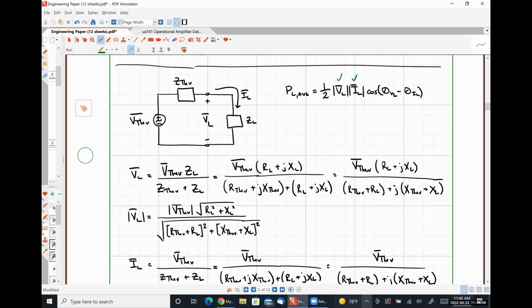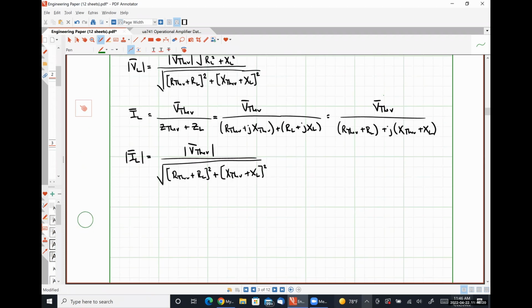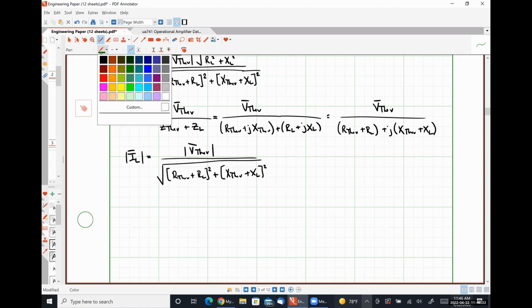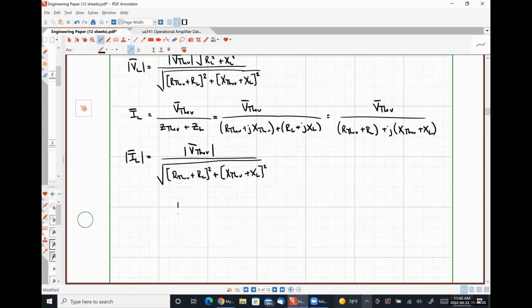How I'm going to come up with this relationship is I'm going to look at the impedance ZL on the complex plane. I have a complex plane like such, where the positive x-axis is used for real numbers and the positive y-axis is used for imaginary numbers.